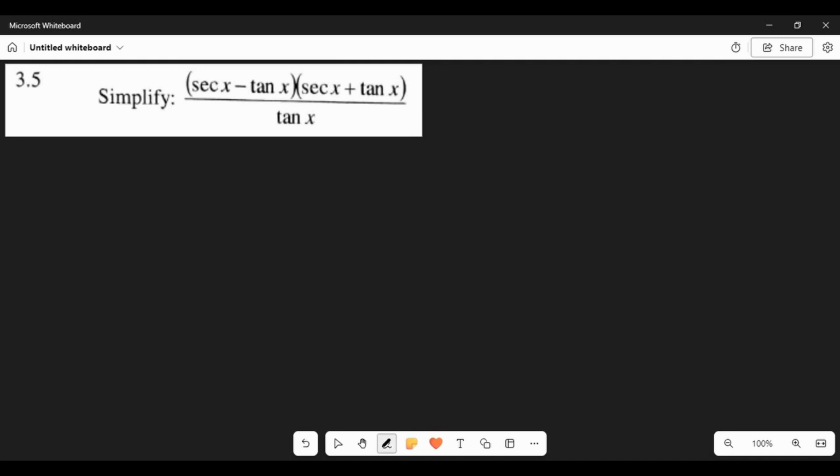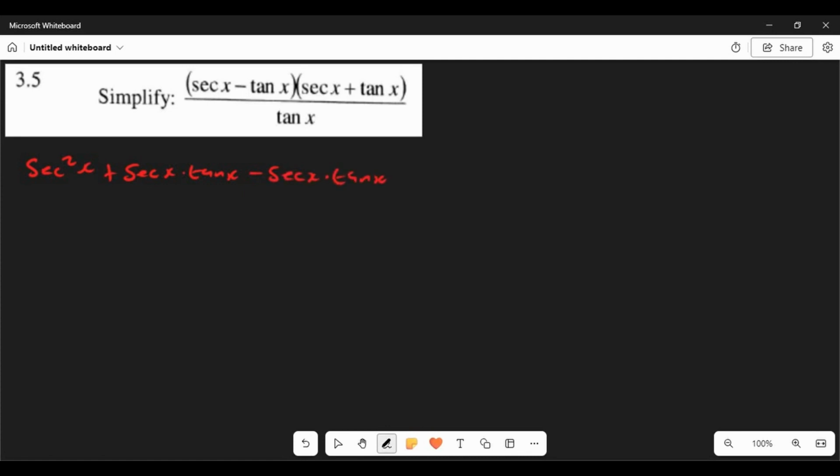As you can see, we have a numerator which has 2 brackets, so we need to multiply to get rid of those brackets, and the denominator which has only tan x. So let's do that. sec x multiplied by sec x gives sec squared x, and sec x multiplied by tan x gives plus sec x tan x. Then negative tan x multiplied by sec x gives negative sec x tan x.